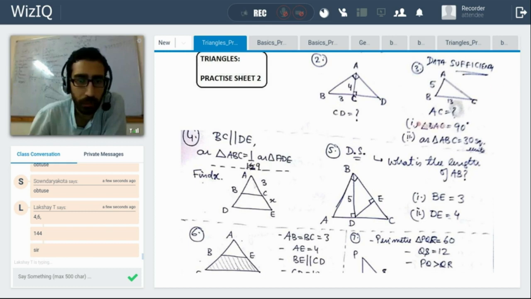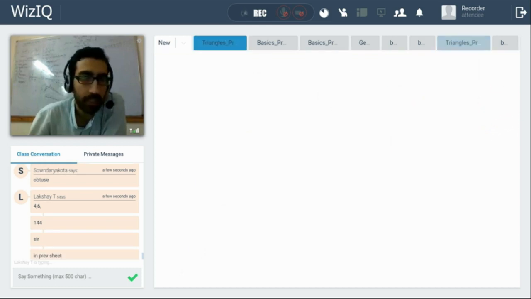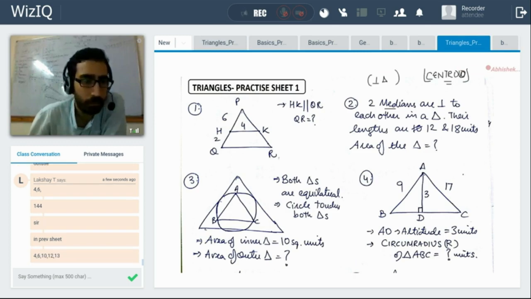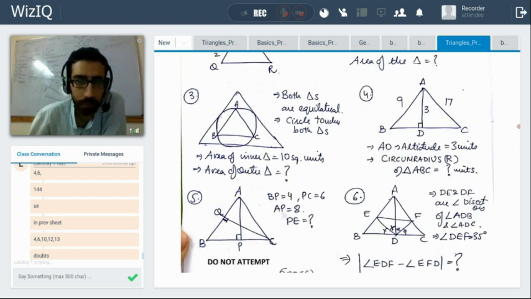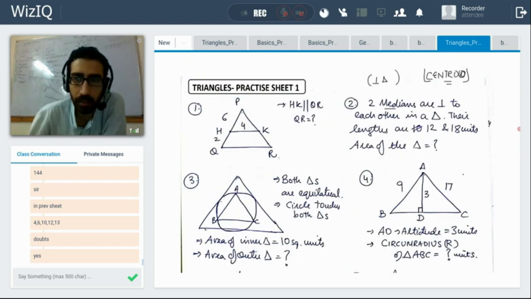Did you try question 4? In the previous sheet, yes, Lakshay. Feel free to use a microphone, if you have. 4, 6, 10, 12, 13. Are you talking about question number 4, 6, 10? We just discussed, I think. Okay, I have to go back.